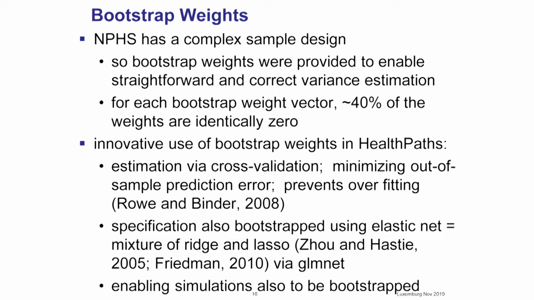And what we did is we grabbed 40 of these weight vectors out of the 500, and instead of doing the usual goodness of fit kind of regressions, we used something fancier, which is we would estimate an equation on the 60% of the records that had non-zero weights, predict what the value would be for the 40% that had 0 weights, and iterate and adjust until we got the best fit of the data that way.